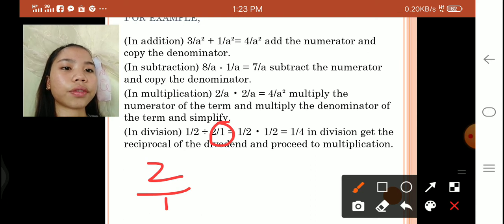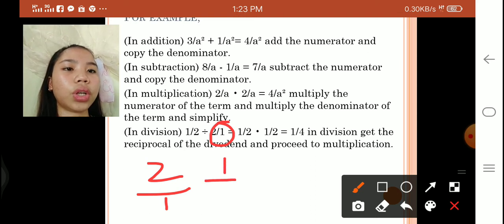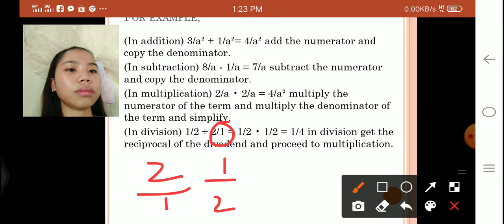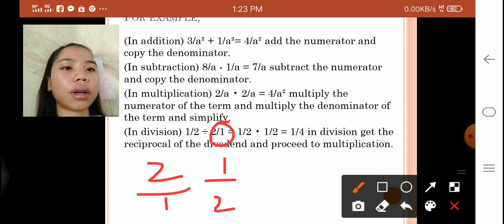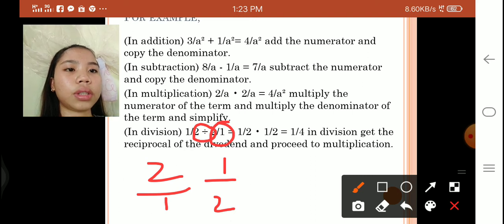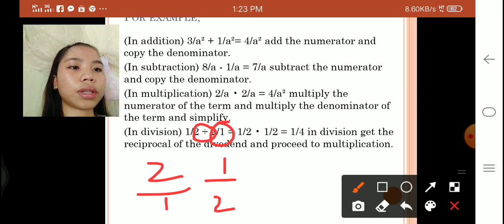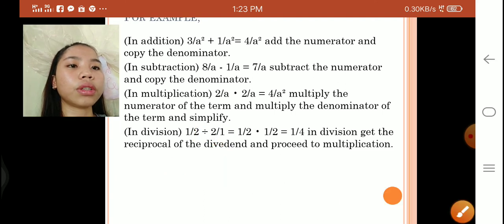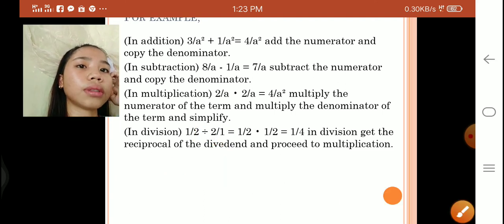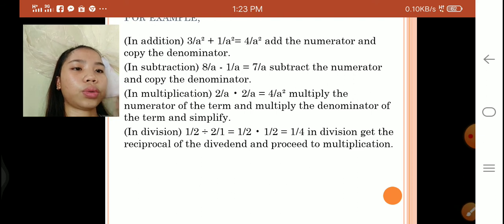The reciprocal of 2 over 1 is 1 over 2. Instead of division, it proceeds to multiplication. So 1 over 2 times 1 over 2 is equal to 1 over 4.